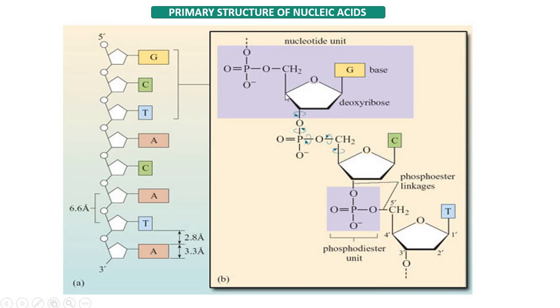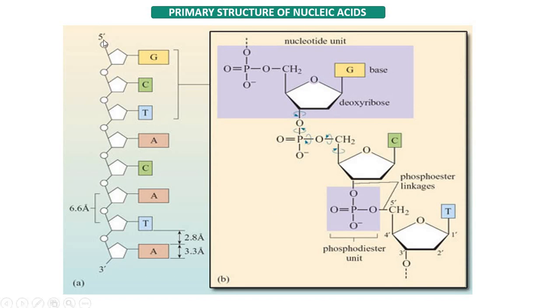Then the 5 carbon is attached to a phosphate, and the 3 carbon is attached to the phosphate of another nucleotide. This is one nucleotide shown in this block, this is a second nucleotide, and this is the third nucleotide. In this way, thousands of nucleotide molecules join together to form a polynucleotide strand.